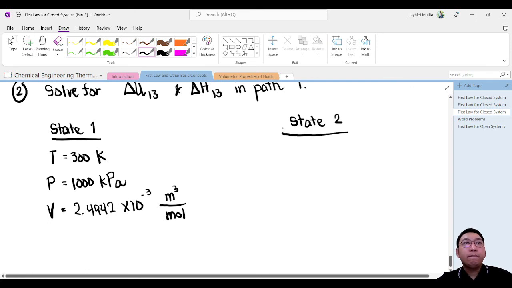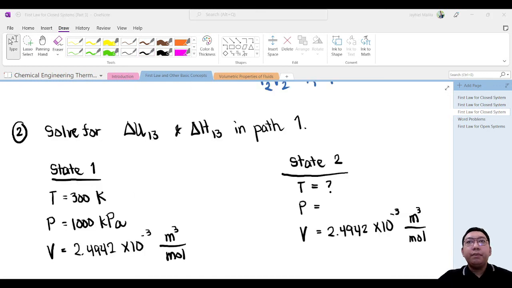Okay. We have a temperature. This is a known, and the pressure is, the volume is 2.4942 times 10 to the power of negative 3 meter cube per mole.